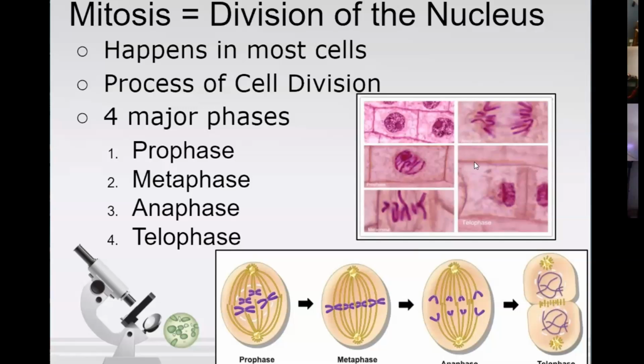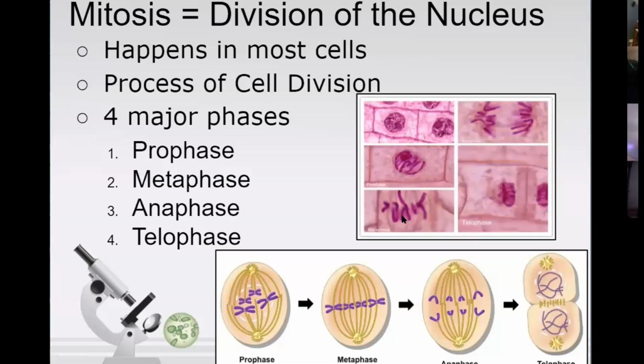Looking at these cells here, this one is going to be interphase. Notice the nucleus is present, and I don't see individual strands of chromosomes. Okay, this is prophase. The chromosomes are visible, and they're still contained in a nuclear region.